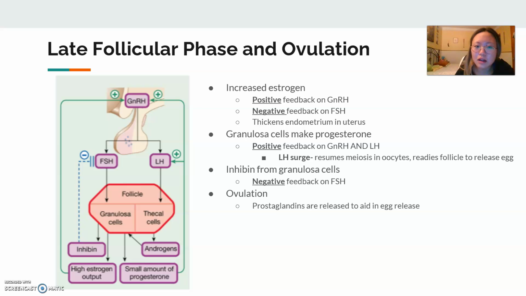So you'll see a slight increase in FSH as well, but it won't be as marked as the increase in LH. And in terms of what the uterus is doing at this point, the endometrium is thickening in preparation for pregnancy, and then after the follicular phase ends, ovulation occurs. So the egg is released from the follicle, and prostaglandins are produced in order to aid in that release.